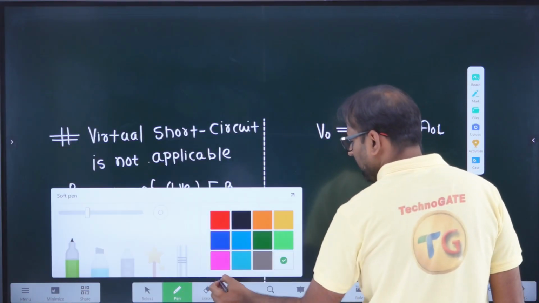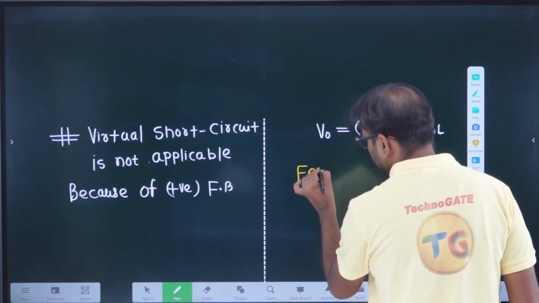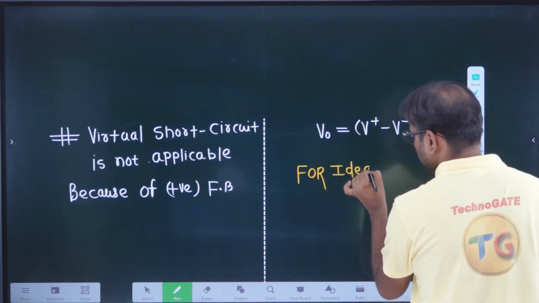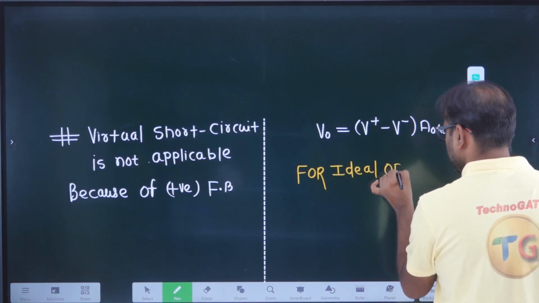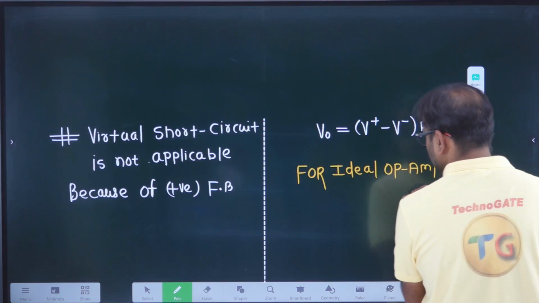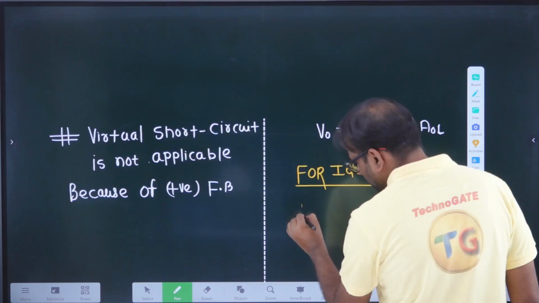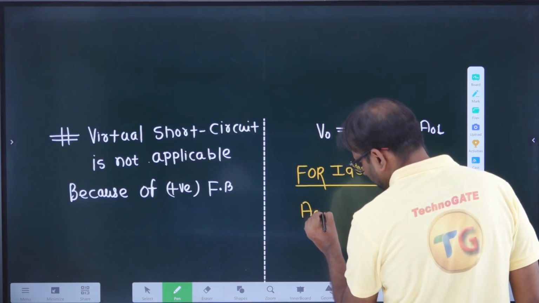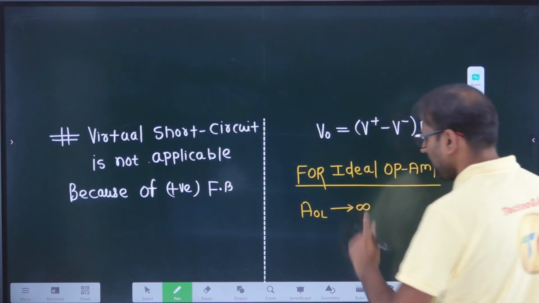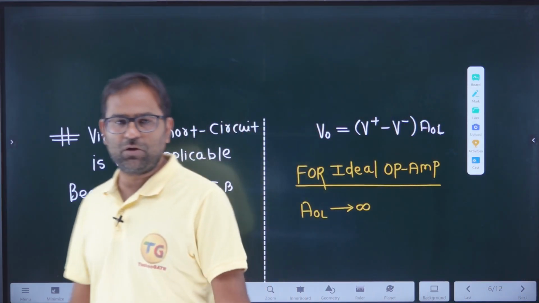So remember, for an ideal op-amp, open loop gain is infinite.